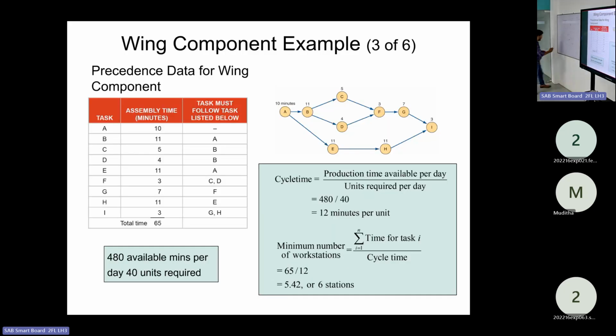We can't accommodate C and D, right? And we move to the next. Likewise, we move. We have 12 minutes. And then we have C, we have D. That's all. They are the only activities.